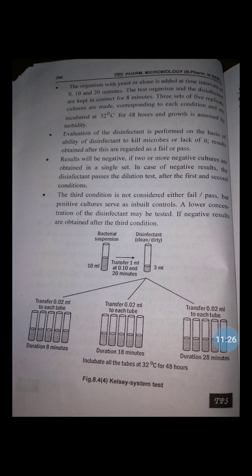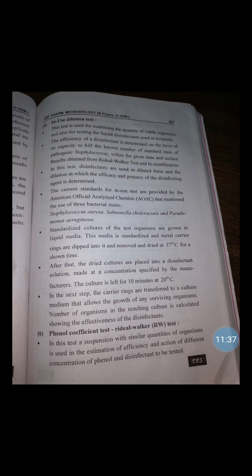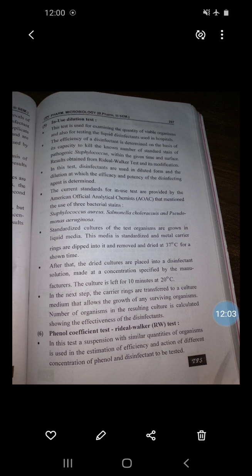Next, that is the in-use dilution test. This test is used for examining the quantity of viable organisms and also for testing the liquid disinfectant used in hospitals.